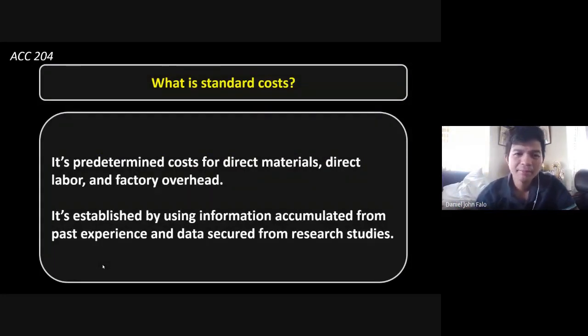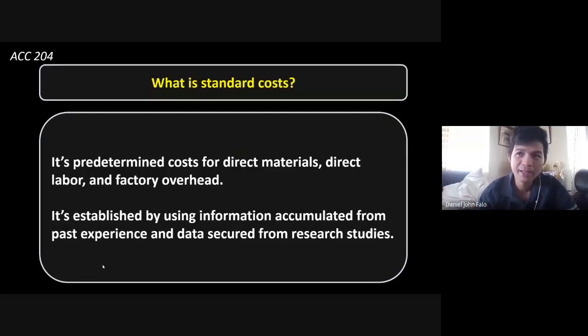So, nag-set up ng standard cost ang isang company in order to plan ahead and to make a budget for the production. Mahalaga kasing magkaroon ng plano o kaya ng budget for the production kasi malaking cost ang production, lalo na sa mga manufacturing firm. So in order to form or to make a budget for the production, kailangan meron tayong predetermined cost.